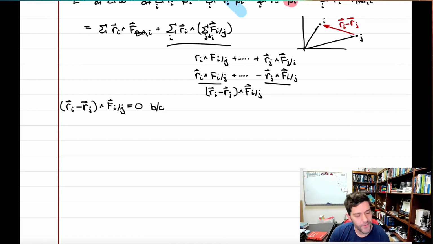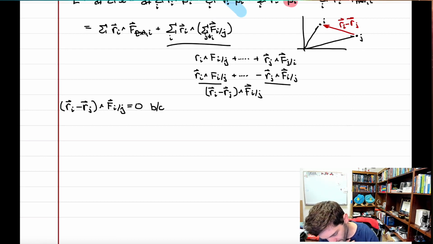Now you could think, what are other ways that cross products can be 0? We've used it a couple times already. If the two vectors are parallel or anti-parallel to one another, then the cross product is 0. And we are going to claim that that is the case here, that r sub I minus r sub j is parallel or anti-parallel to the force between them.